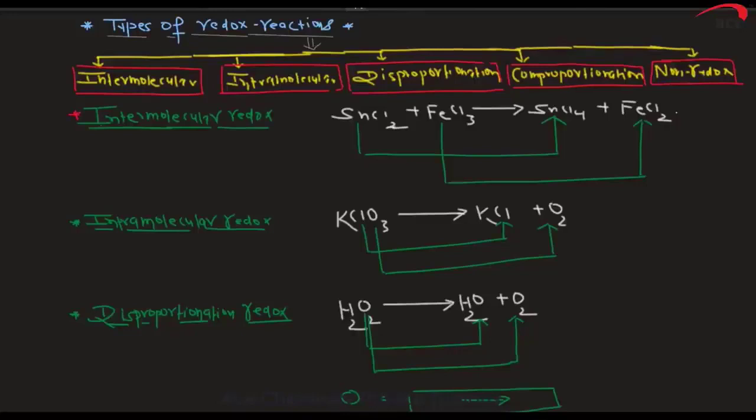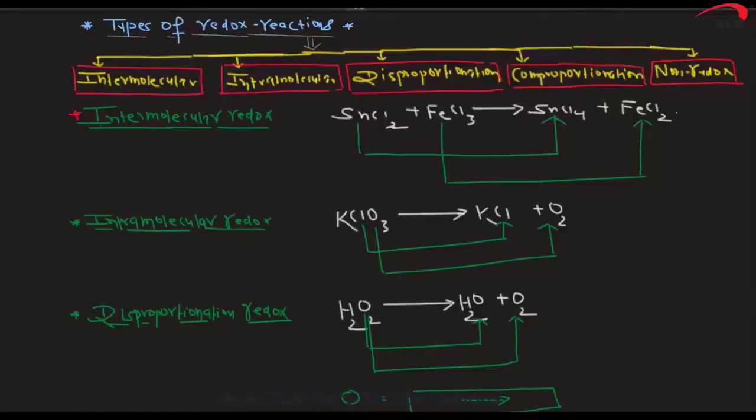If you'll see this reaction, SnCl2 reacts with FeCl3 and it gives SnCl4 and FeCl2. Now we all know that the things which are written on the left hand side are called reactants, and the things written on the right hand side are called what, products. So if we check the change in the oxidation state of reactant and product, it is like this. First we have to check the oxidation state.